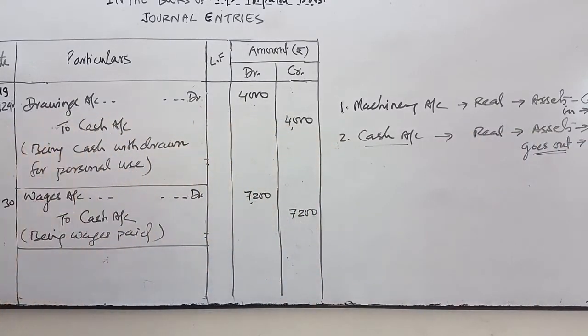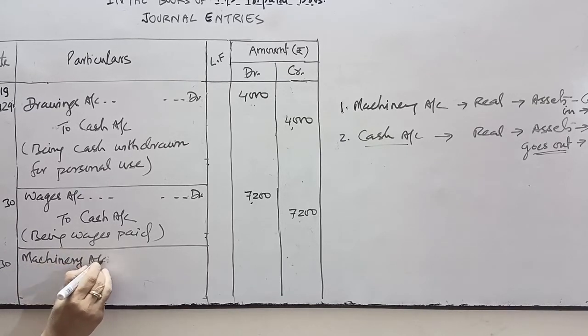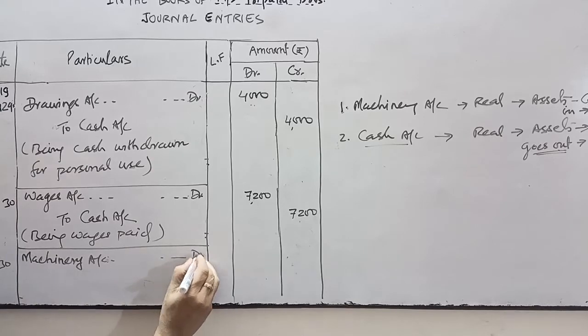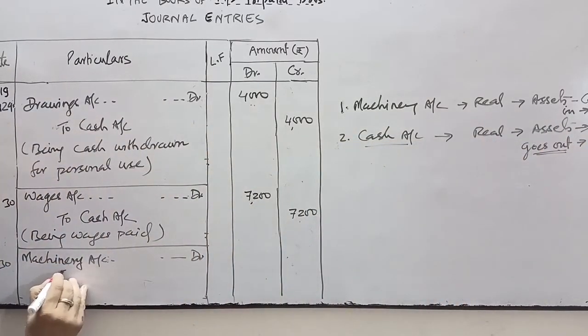So the entry will be, you see the date, January 30. Write the date. And then you write machinery account debit. Machinery is on debit and cash is on credit, so you write to cash account.